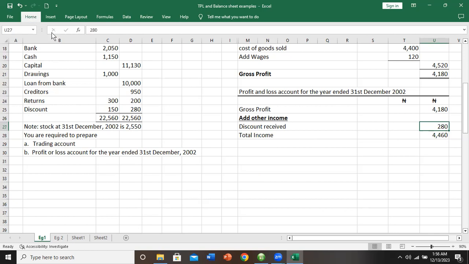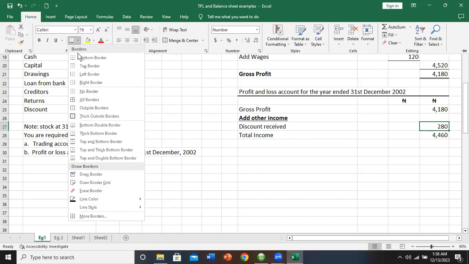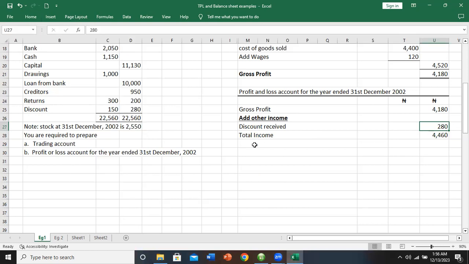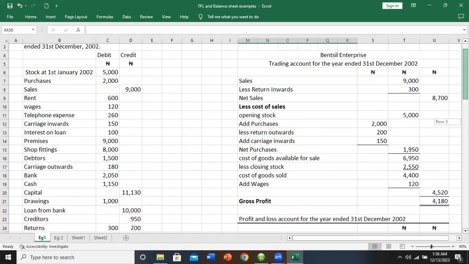Okay. So we have our total income, and then the next thing left is to get your expenses. So we are going to less operating expenses. Okay, so again, I think each and every one of you here should give me one expense when you go through the question.